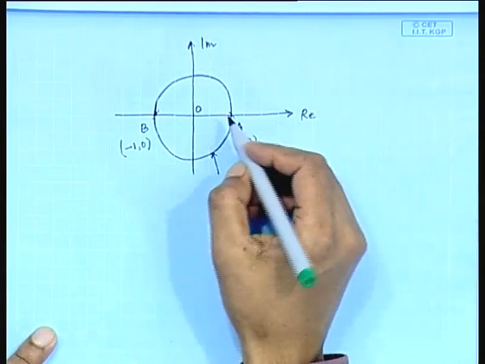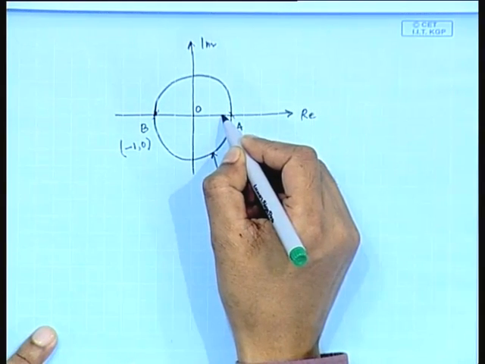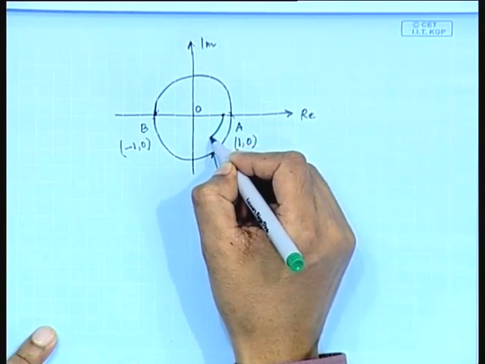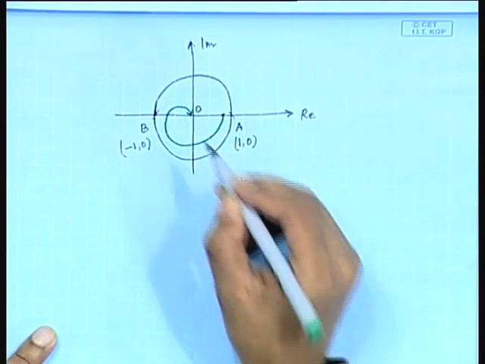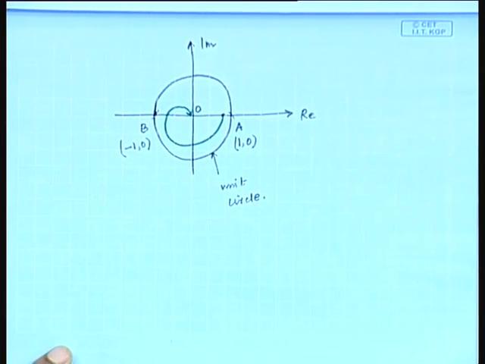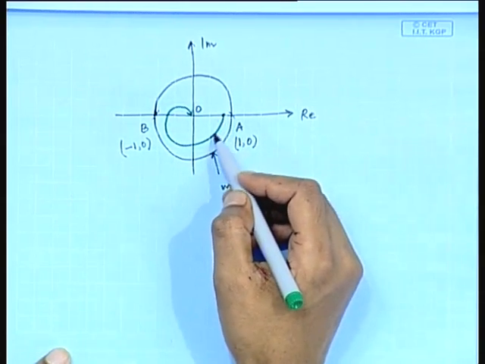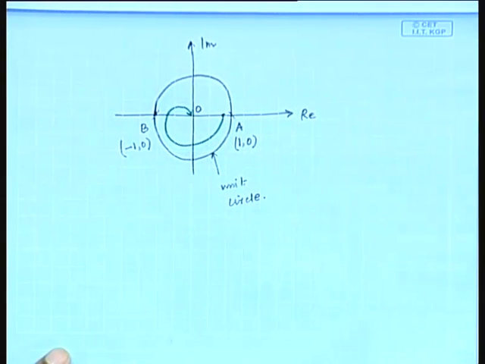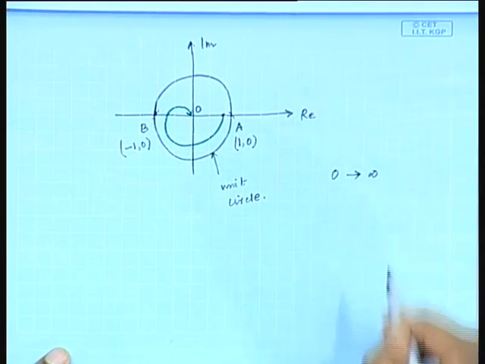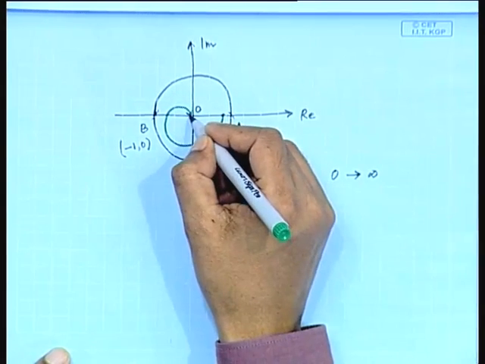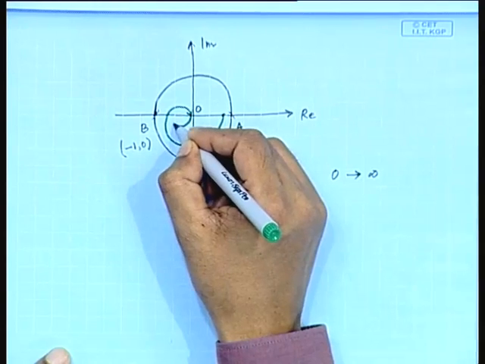Suppose for a particular system, say a third order system, we get this polar plot, and this plot we obtain varying omega from 0 to infinity. Another plot we get, suppose this one.